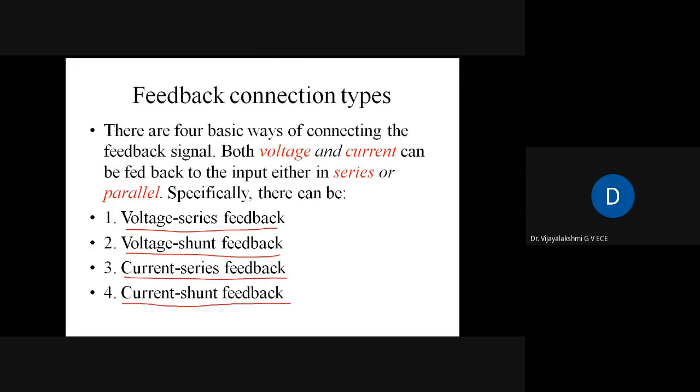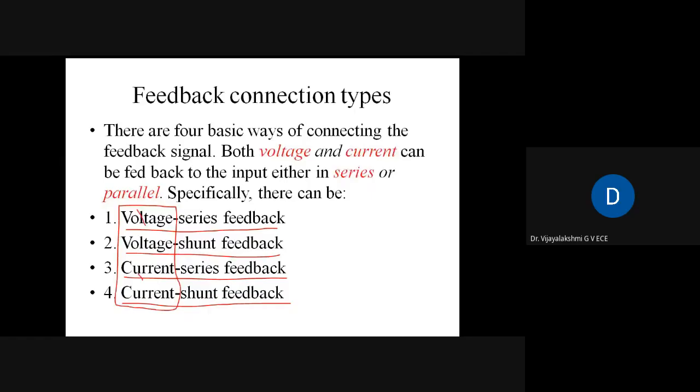Now in these 4 types, the first term indicates what type of signal you are taking from the output for feeding back, whether the voltage signal or the current signal. And the second term indicates whether the feedback signal is connected in series at the input side, or it is connected in shunt.